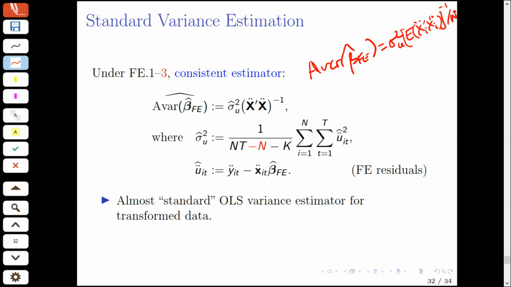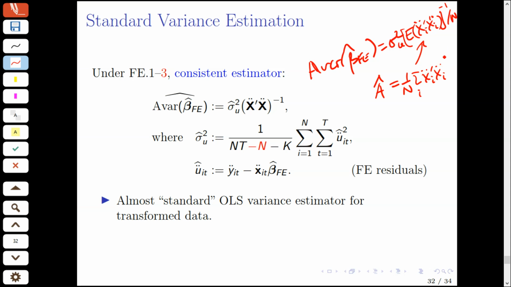We already know how to estimate the A matrix. We know that estimating the A matrix can be done by appealing to the law of large numbers, or the analogy principle. So we let our A hat be simply the average of the product of time de-meaned regressors.